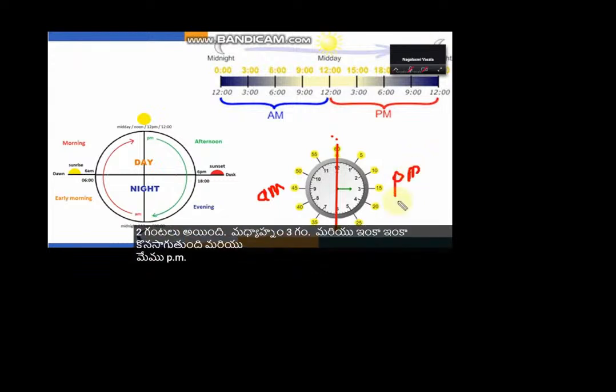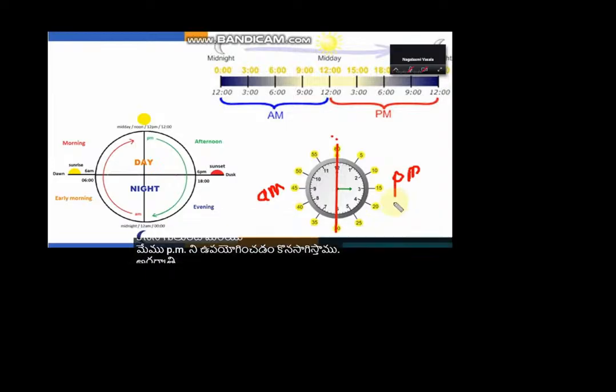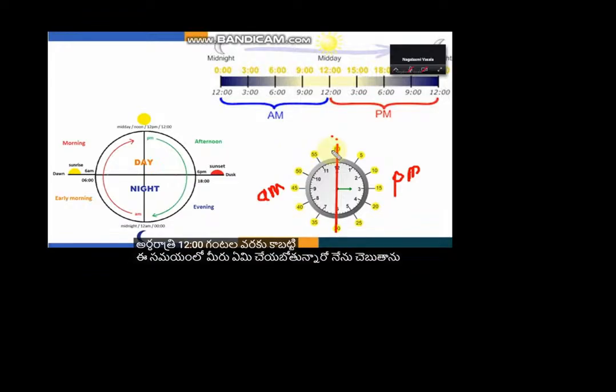And we're going to continue using PM till 12 midnight. So any activity that you're going to do during this time, we're going to use PM when we read the time during this period of time.